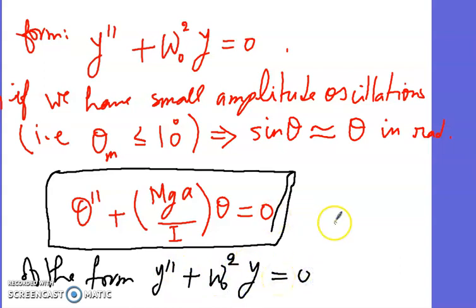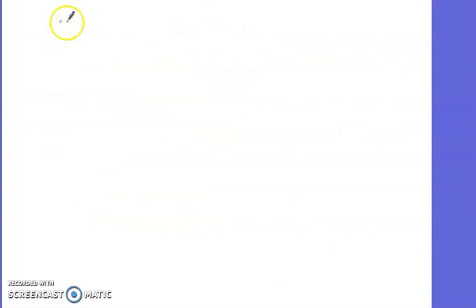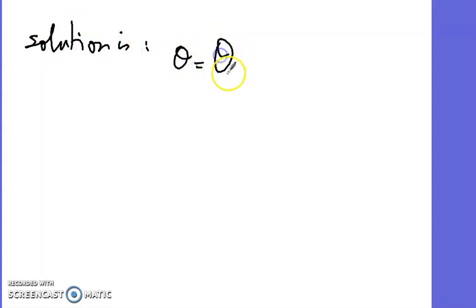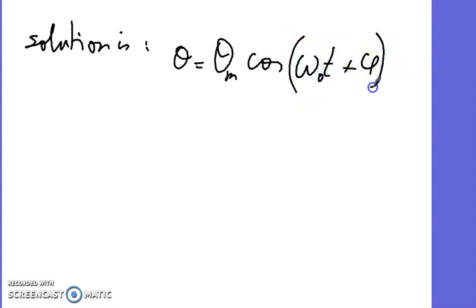Clear? Whose solution is theta equal theta max, as you know, cosine or sine doesn't matter, omega 0 t plus phi. So we have simple harmonic motion.